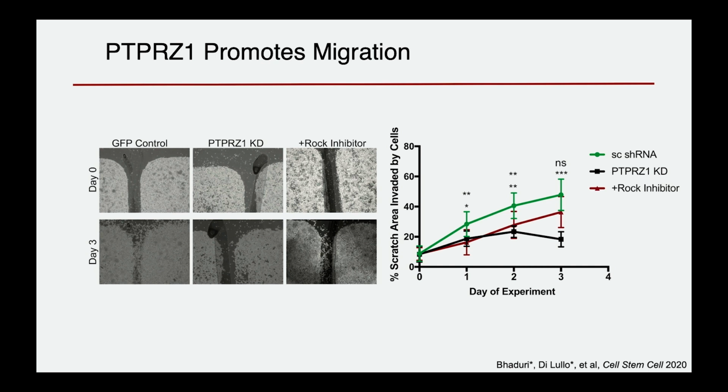Now, more work needs to be done on this, but we also were able to in vitro perform a wound healing type assay and show that PTPRZ1 is required for some of these migratory behaviors, and that knocking down PTPRZ1 was similar to inhibiting the ROCK pathway, which also decreased the migratory behavior.